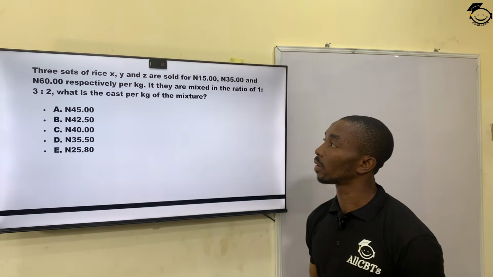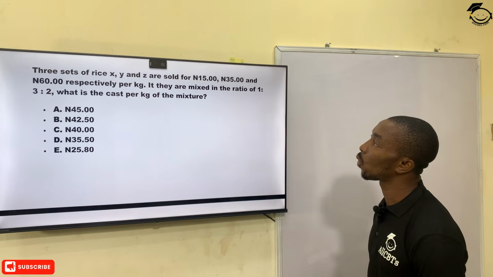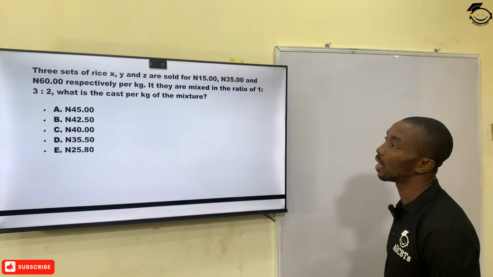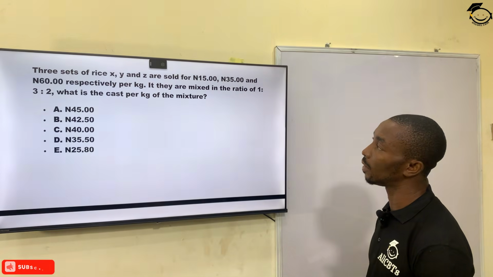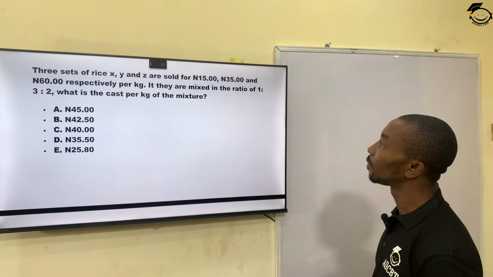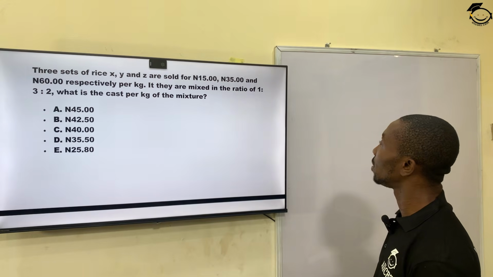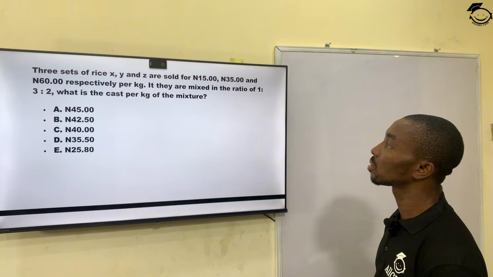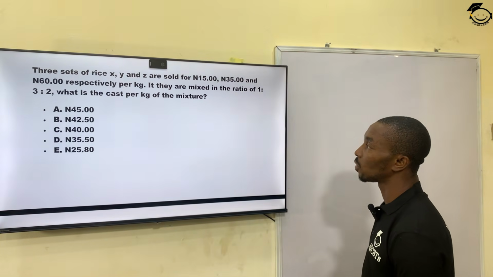3 sets of rice, X, Y, and Z, are sold for 15 naira, 35 naira, and 60 naira respectively per kg. If they are mixed in the ratio of 1, 3, and 2, what is the cost per kg of the mixture?